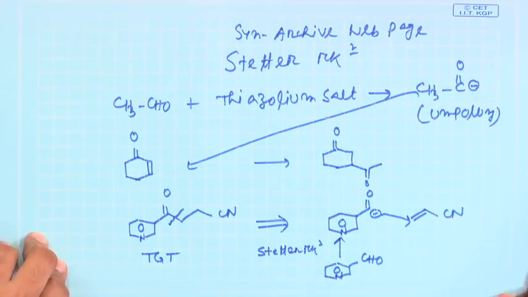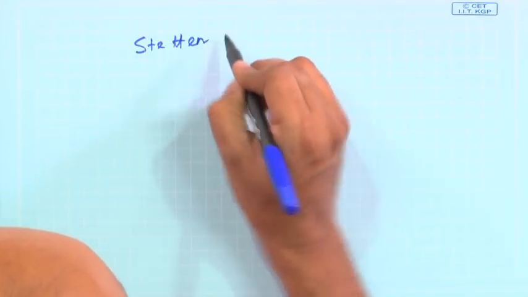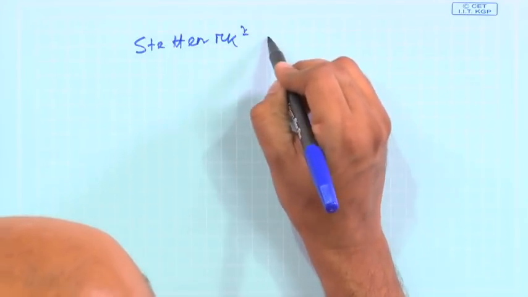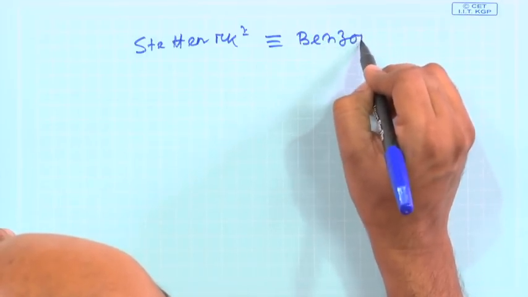Now, Stetter reaction is a very important reaction, as I said, and hopefully you will explore its mechanism, but from the mechanistic perspective it is similar to benzoin condensation. So, I will write it down. Stetter reaction mechanism is equivalent to benzoin condensation. That will give you a hint.